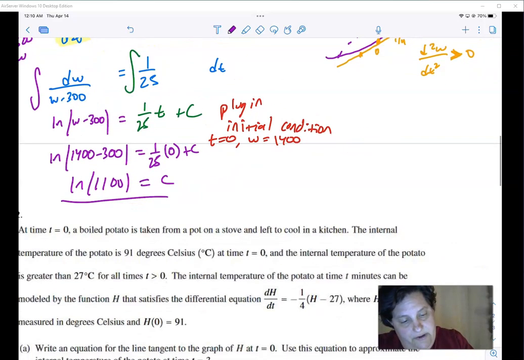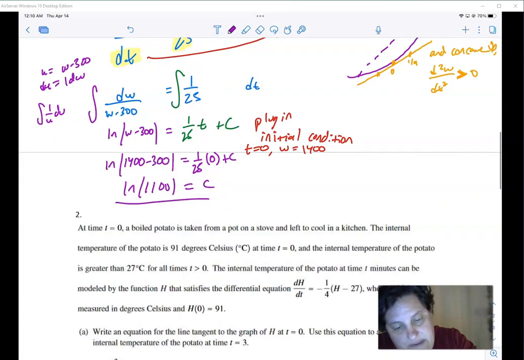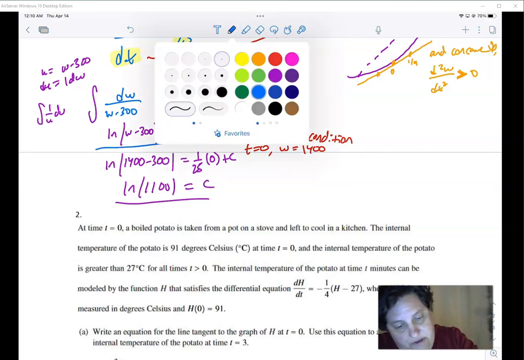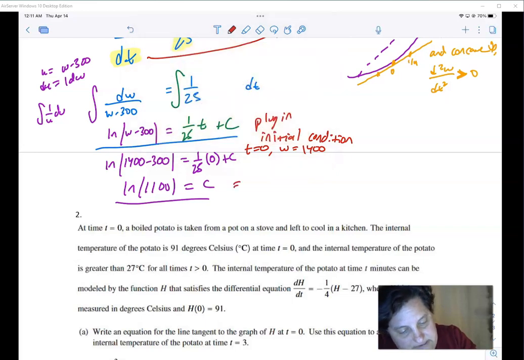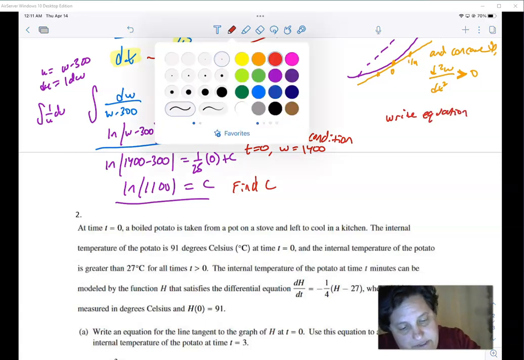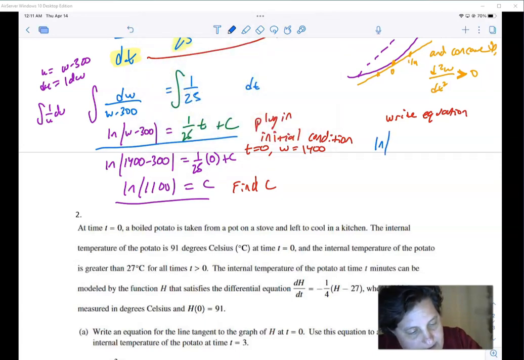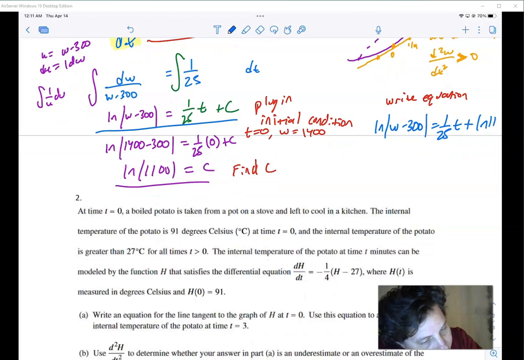Cool. All right. Here's my equation. After I plug in the initial condition, I find c. And then I write the equation, the particular solution, right? Which is ln w minus 300 is 1 over 25t plus ln of 1,100.